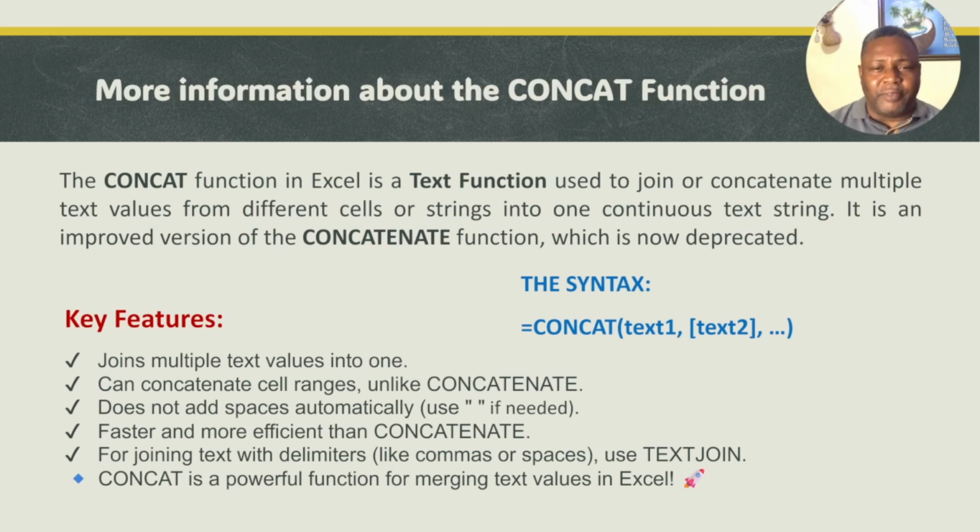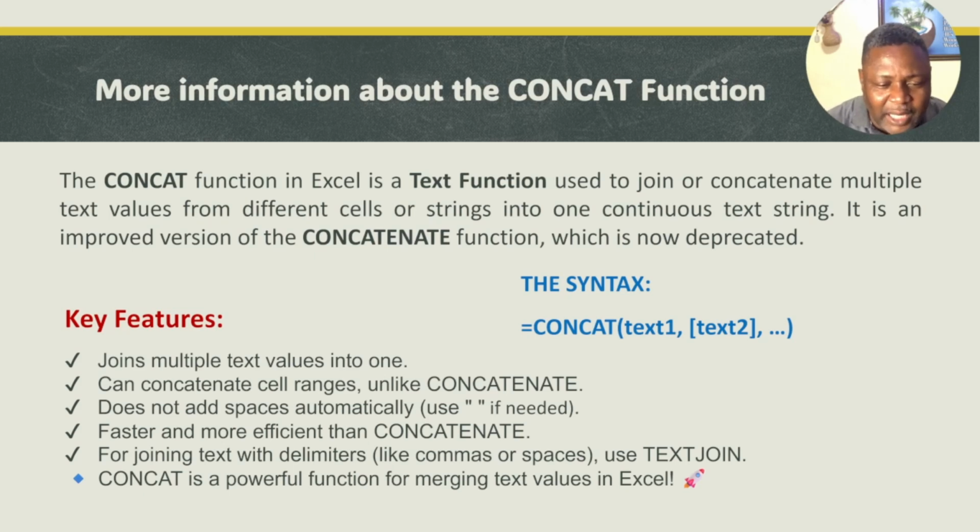So the CONCAT function will take a series of text, and the key features here are that it joins multiple text values into one, and it can concatenate cell ranges, unlike concatenate, which cannot take cell ranges. Then it does not add spaces automatically, so you have to use the inverted comma with an empty space if you need to put spaces.